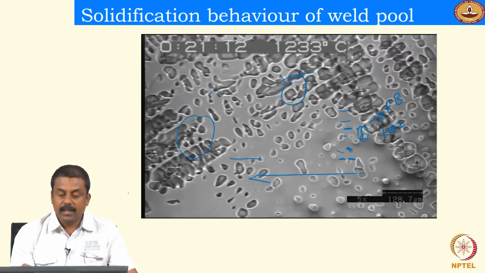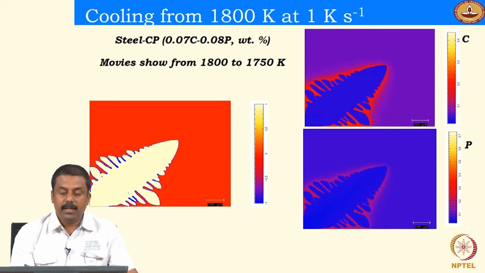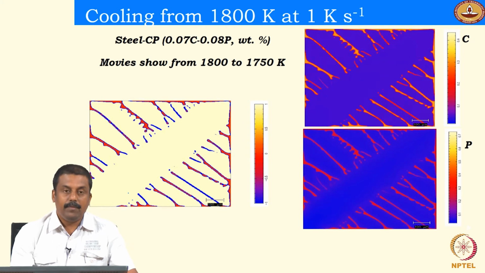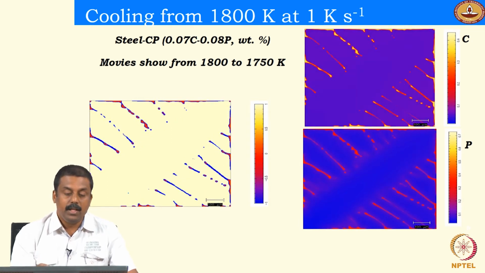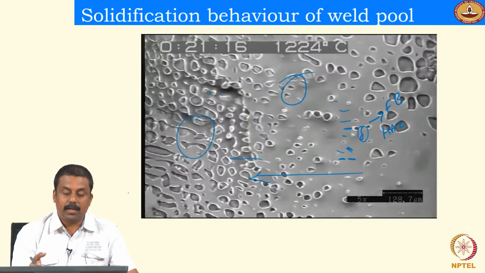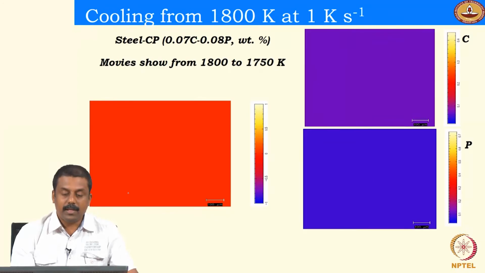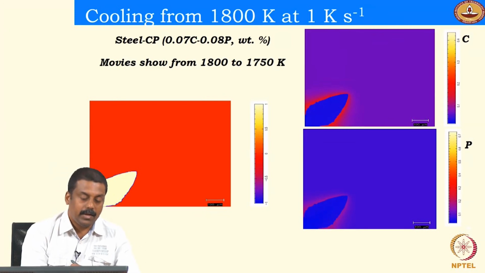Now we will see a simulation, so we can also understand how these alloying elements partition during solidification by simple calculations. This slide shows computer simulations of the solidification process I showed you in real life. In this video we can also create on a computer the solidification of a dendrite.